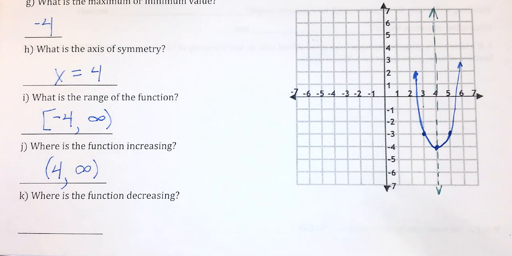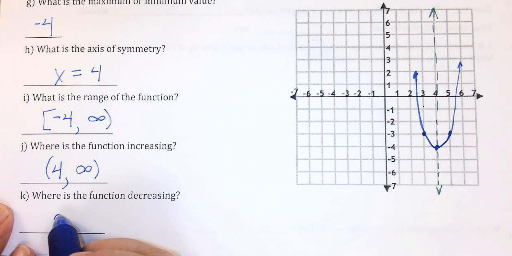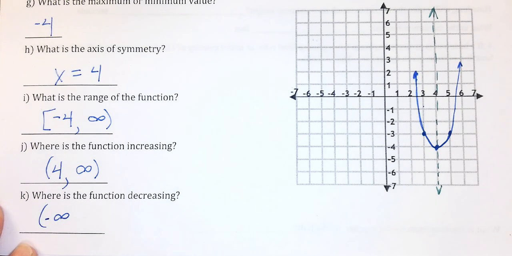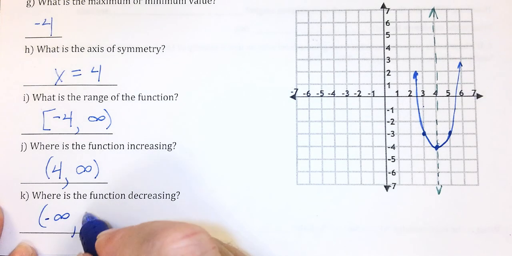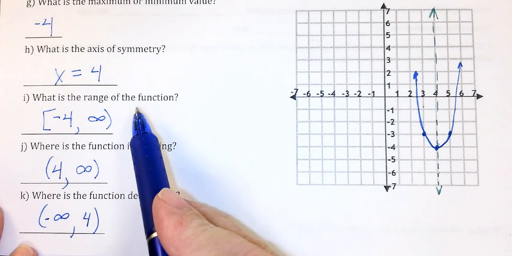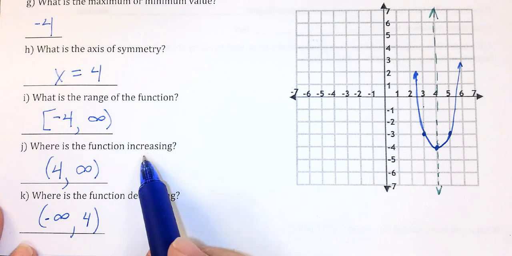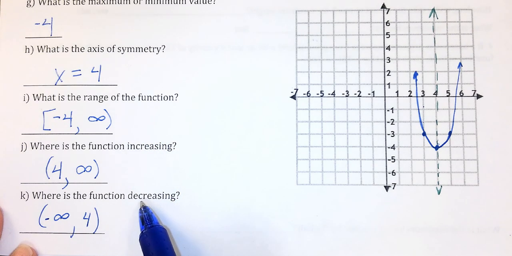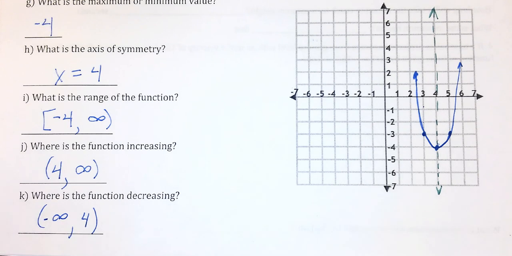So that's going to be infinity, but in the negative direction because it's going left. And that's going to be a parentheses. And again, it comes down to that point. x value is 4. So again, range has to do with y values. Increasing and decreasing has to do with x values. So that's how you would graph a parabola and determine the properties of it.